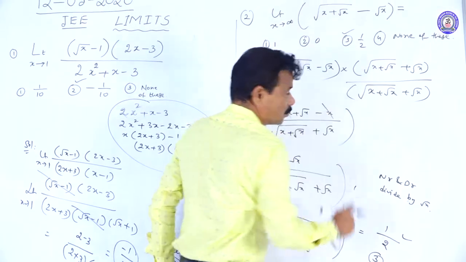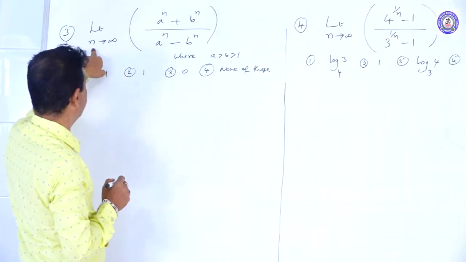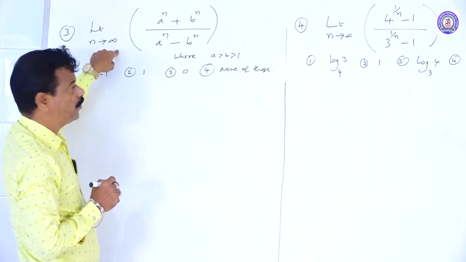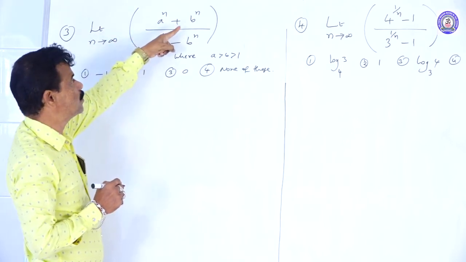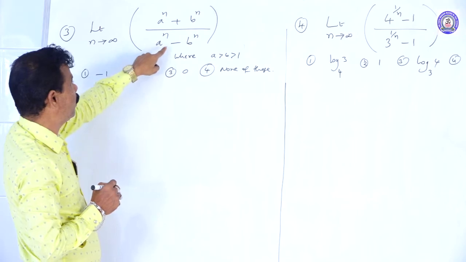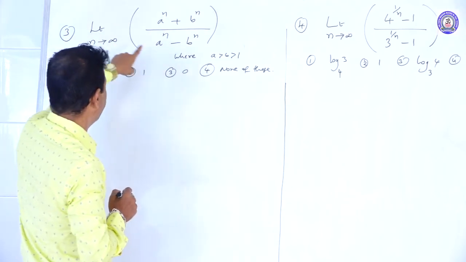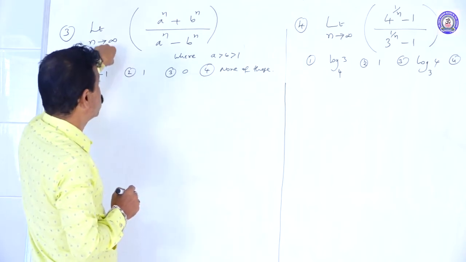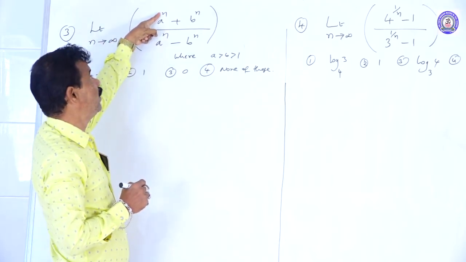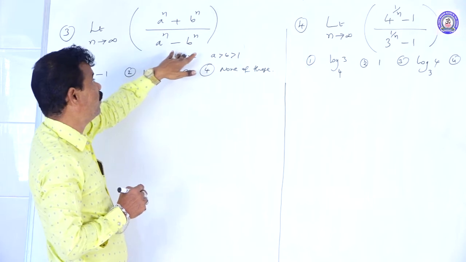This is the answer. Here limit n tends to infinity, a to the power of n plus b to the power of n, divided by a power of n minus b power of n. So here n tends to infinity, infinity, this also infinity.